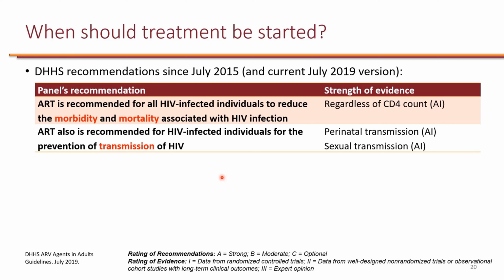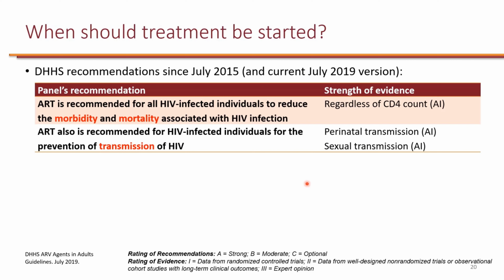So when should treatment be started in patients with HIV? Now, in the old days, it used to be that the recommendation was based on the CD4 count. So patients who had lower CD4 count, they were at higher risk of having opportunistic infections, cancer, and of course mortality.